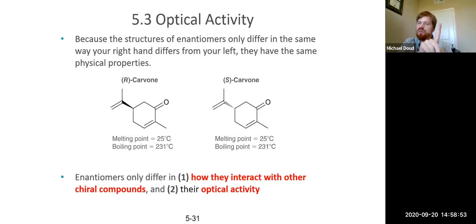But how they interact with light is different because light travels at different speeds based on the electron density in a given location. So that changes how light can interact with it. That's what this word optical activity means. And then also how they interact with other chiral compounds is going to change. And that goes back to our biochemistry. So we're going to talk more about that in the next lecture.